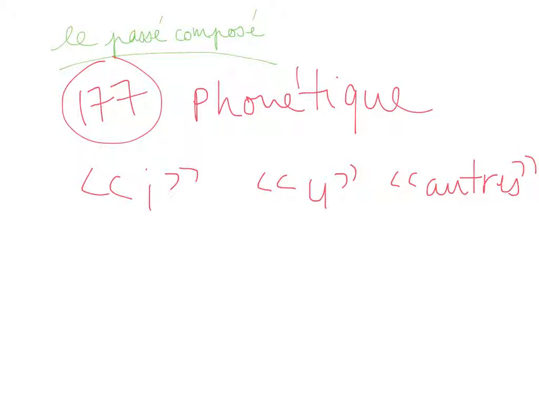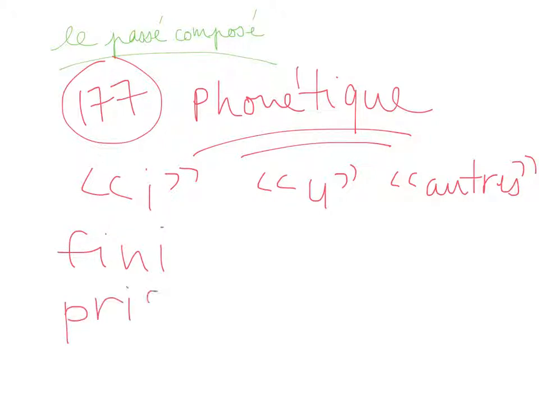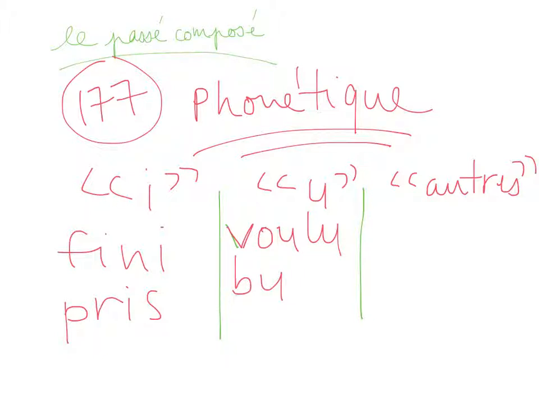Example, something that ends in E, and I'm talking about the phonetic, so it's just a sound, okay? Something that ends in E, fini, for finir, pris, for prendre. Something that is going to end in U, voulu, for vouloir, bu, for boire, lu, for lire.